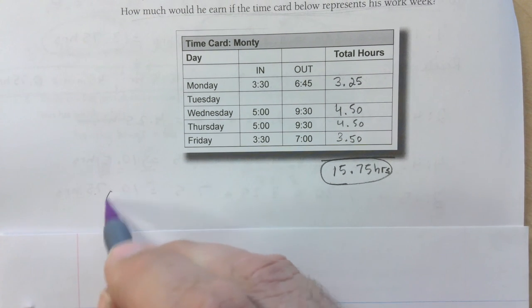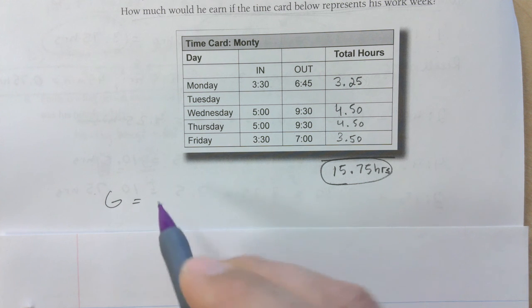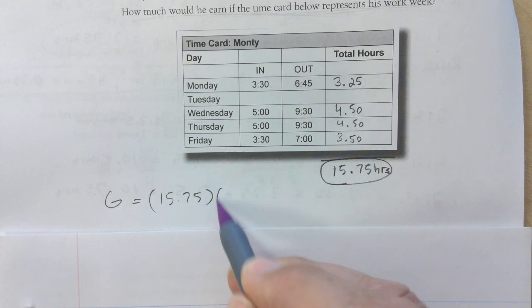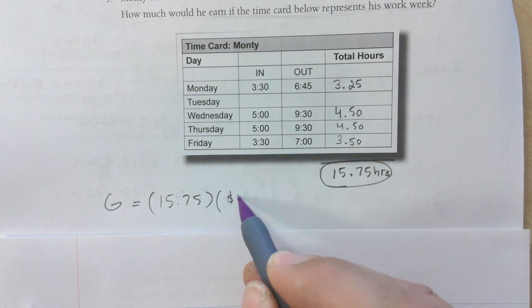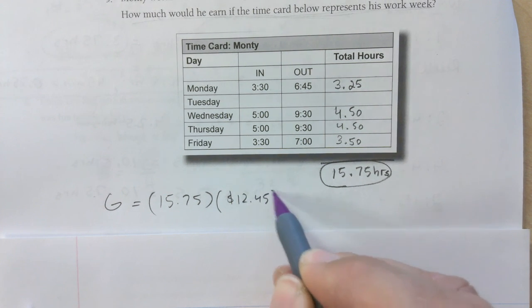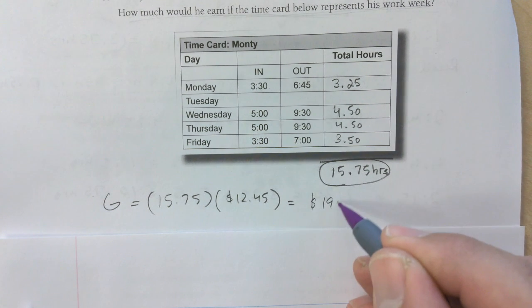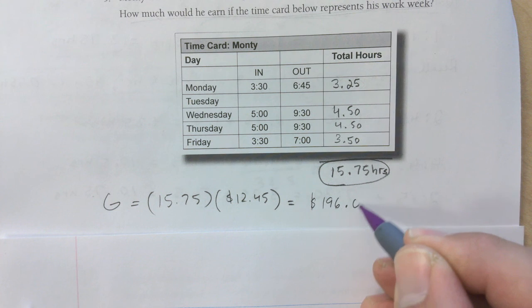And then you do gross pay, right, would be 15.75 times this person makes 12.45 an hour. That's 196.09.